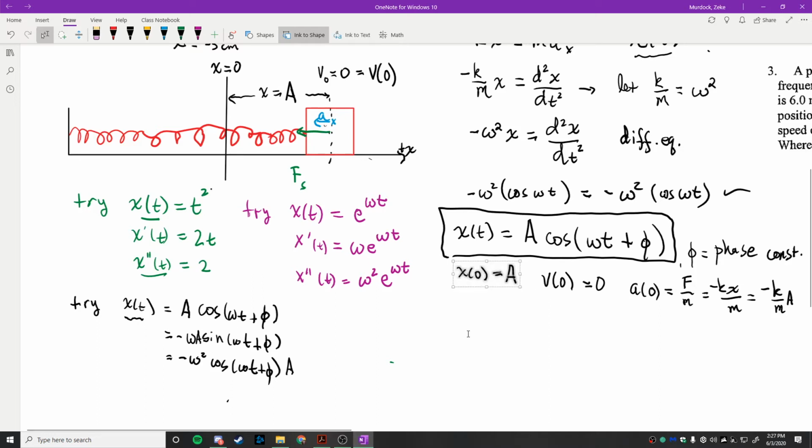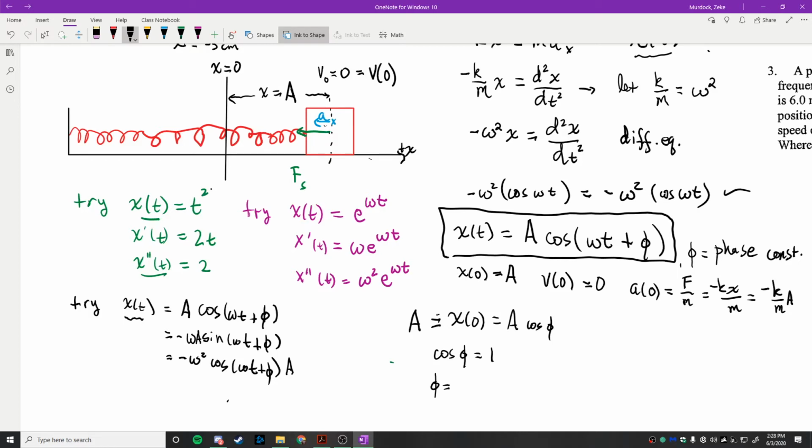All right, so if x of 0 needs to be a, let's look at what that tells us about this equation. If I plug in x of 0, I'm going to get a cosine of phi. And this actually tells me that I need x of 0 to be equal to the amplitude. That's our initial condition. This tells us that cosine of phi has to be equal to 1. What does that mean phi is equal to? Let's use radians, by the way. Pi over 2? I don't think so.